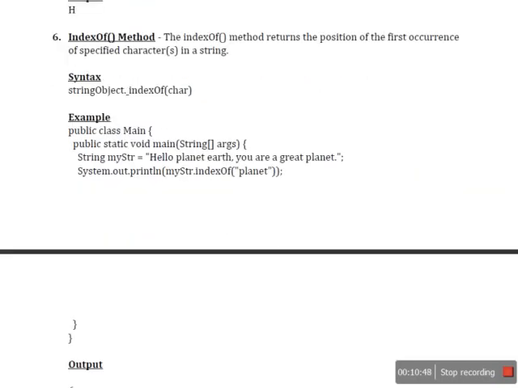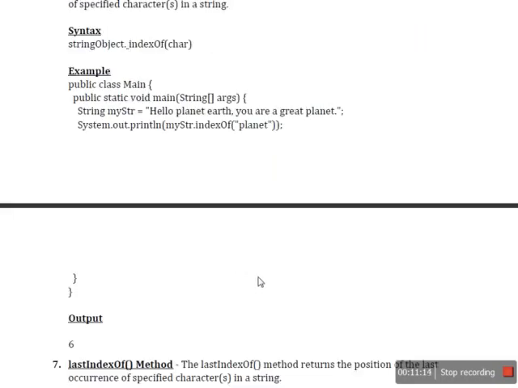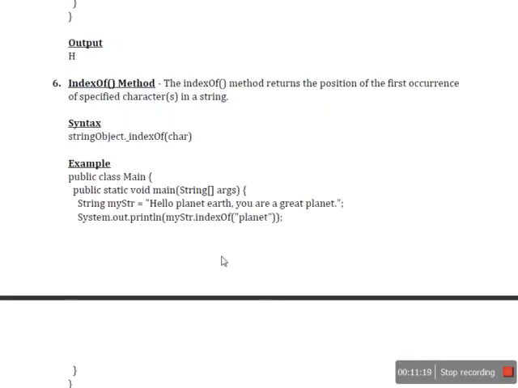Now next is your indexOf method. The indexOf method returns the position of the first occurrence of the specified characters in a string. When the object appears for the first time, you will return the index number.